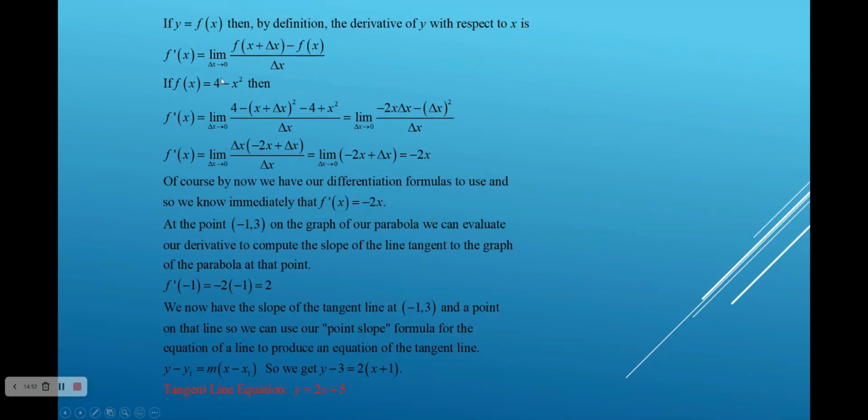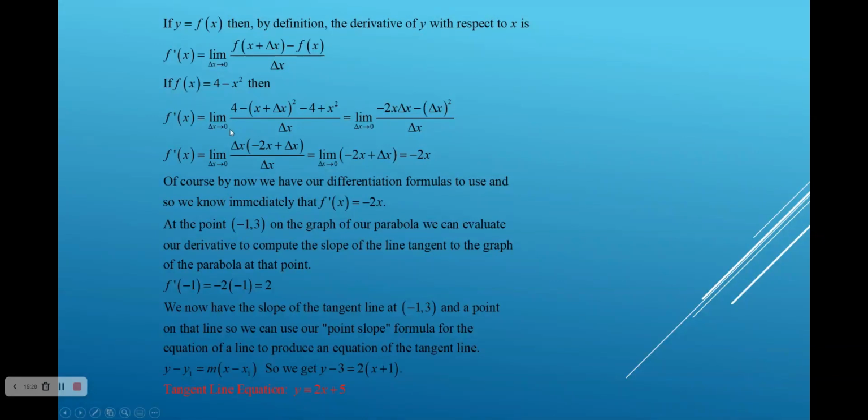Well, if our function was the parabola we just looked at, f of x equals 4 minus x squared, the derivative of that function right there being this limit. Literally, by definition, if you're limited to one word, a derivative is actually a limit. But it can also be used to find the slope of a tangent line.